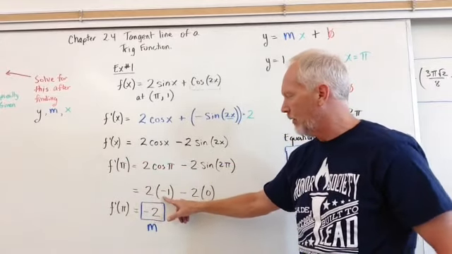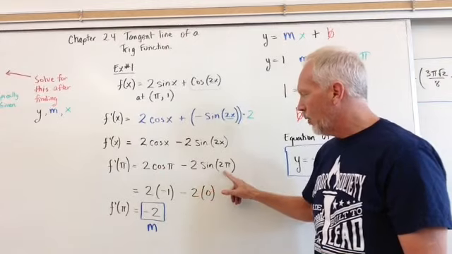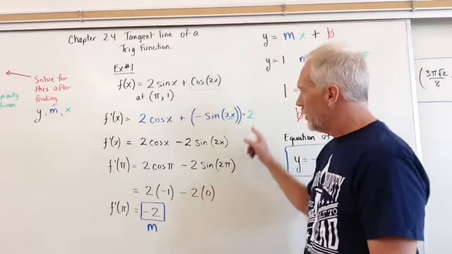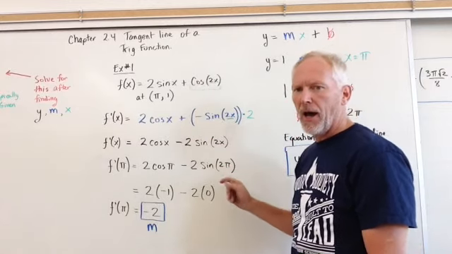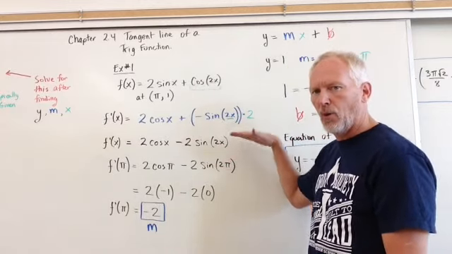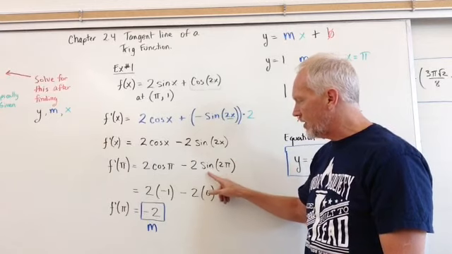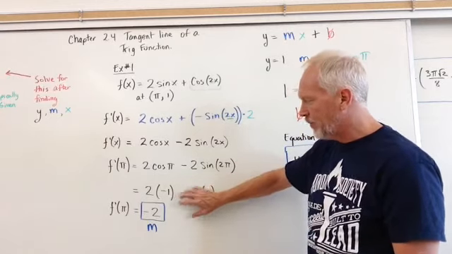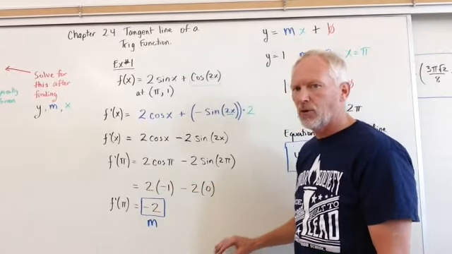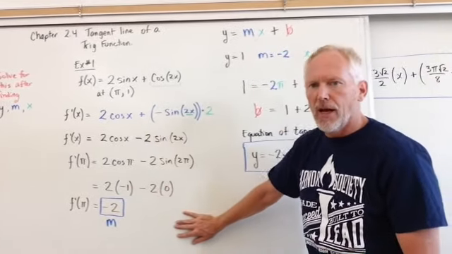So 2 times negative 1 minus, what's the sine of 2 pi? Well, 2 pi all the way around the unit circle, we end up at 2 pi, and since we're not going anywhere in the y direction, the sine or the y value is 0, so that goes away. So we end up with just negative 2 as our m value.